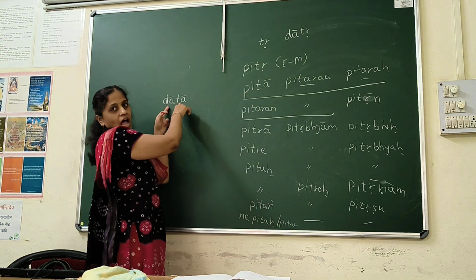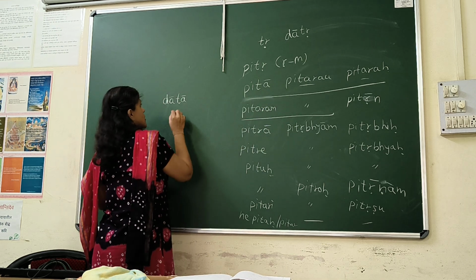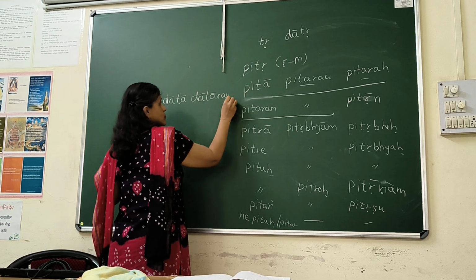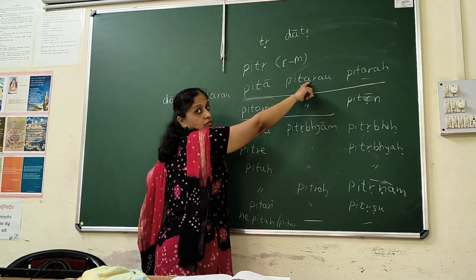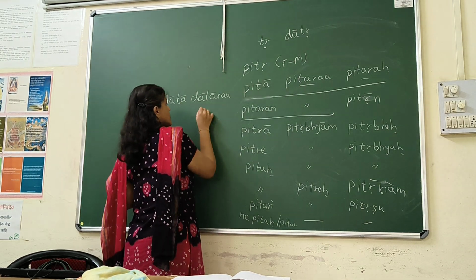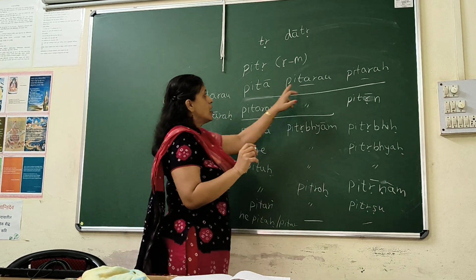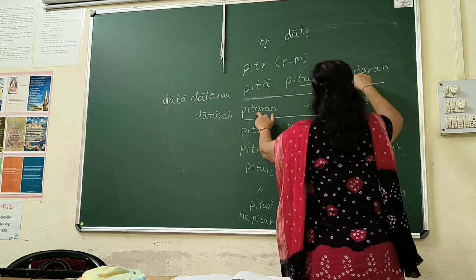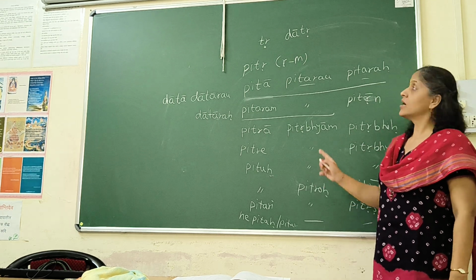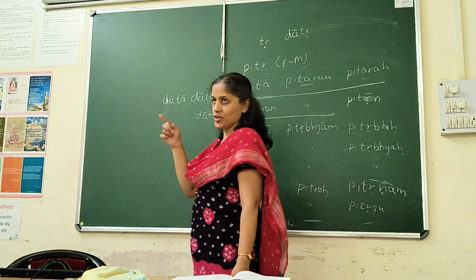Here there will not be a difference: data, like pita. But from here it is dataram, whereas here it is pitaram. In the plural, the a changes to a long a when the word is formed by adding tri to a verb to get an agentive noun, the one who does that action.